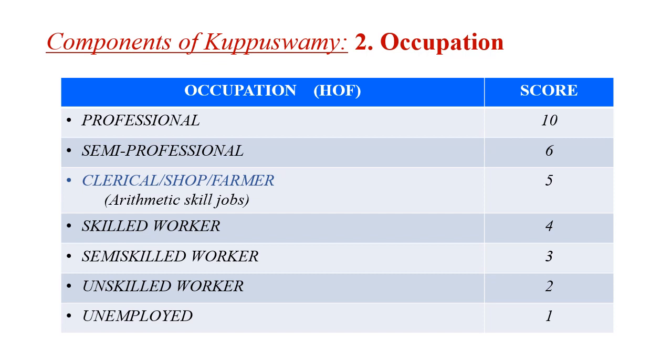Then next is skilled worker, semi-skilled worker, unskilled worker, and unemployed. We will be dealing with these categories in the next slides. The scores for each category are written on the right side.